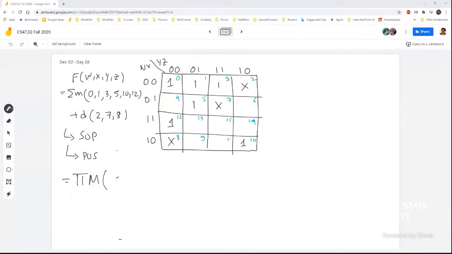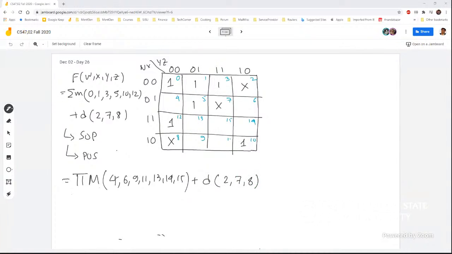If we pick up all the blank spaces, it becomes 4, 6, 9, 11, 13, 14, 15. And don't forget the don't care terms; they would be the same: 2, 7, 8.